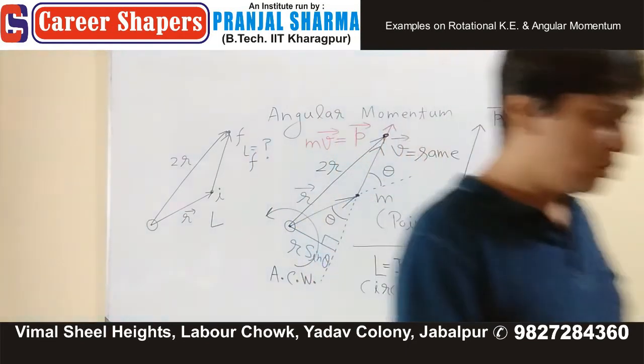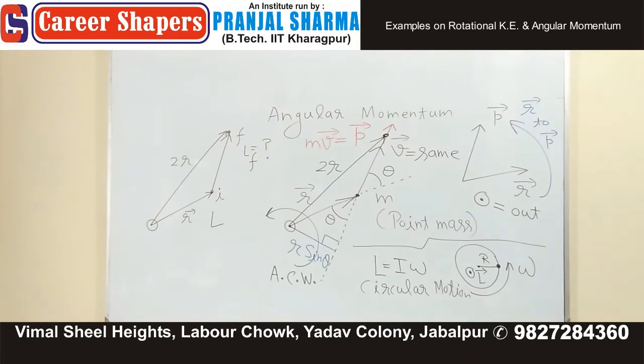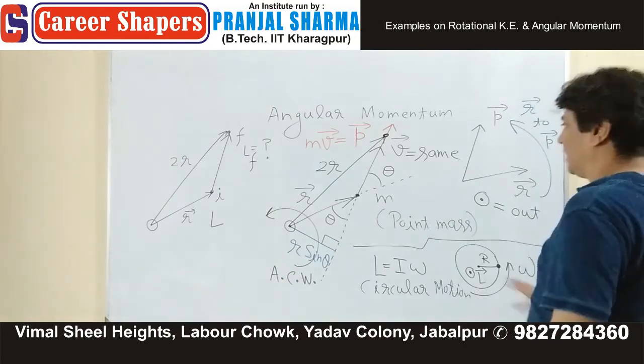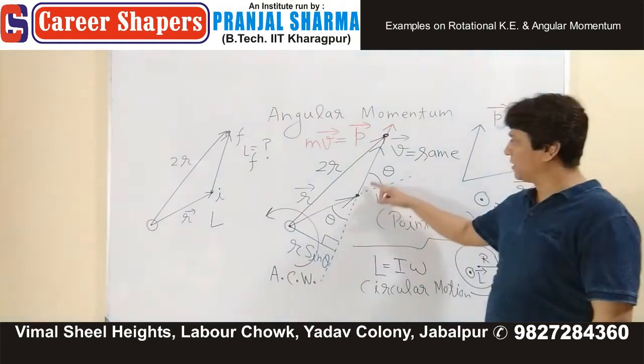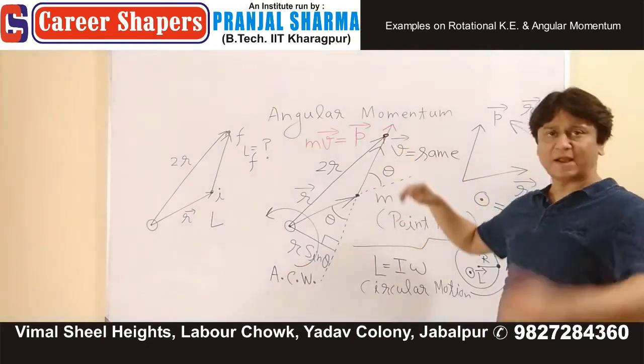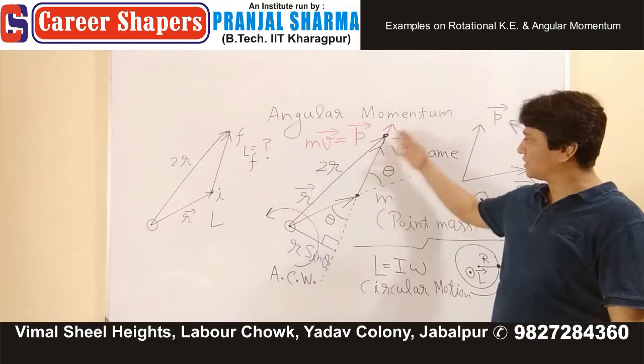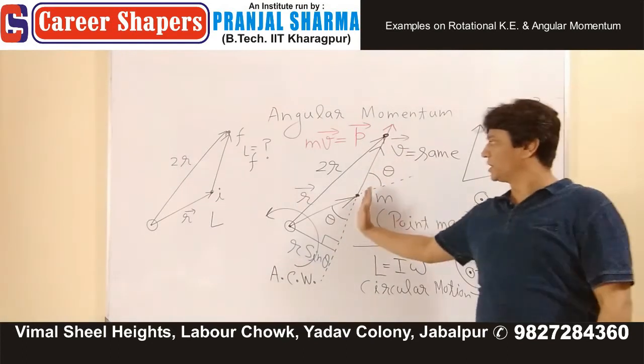Let's see how many of you answer this. We're not changing speed. Object is continuously moving with same speed, in fact same velocity. You're not changing the direction also. You can see object is moving this way.